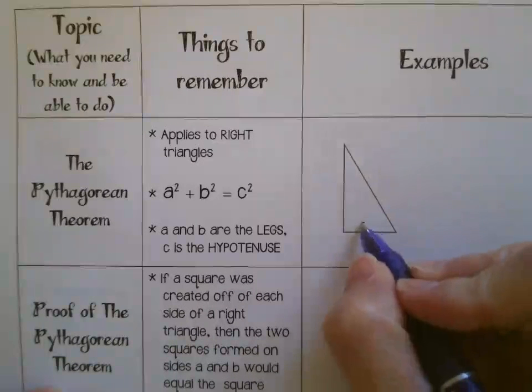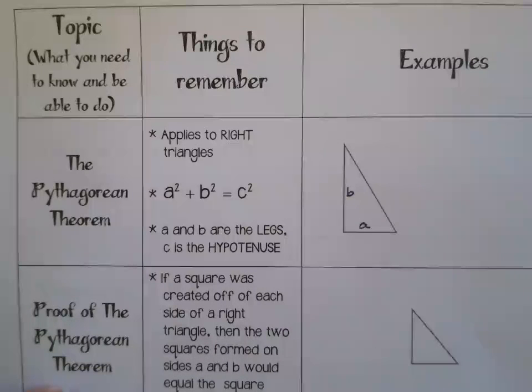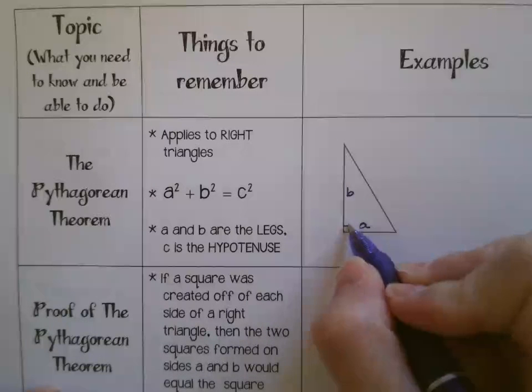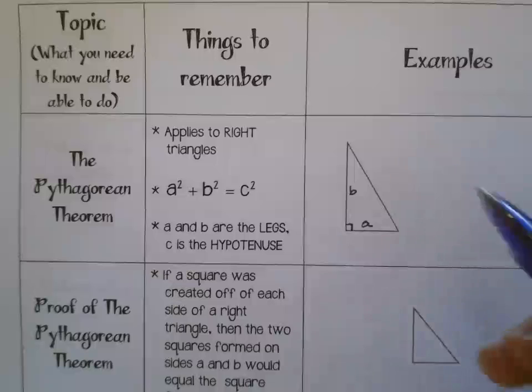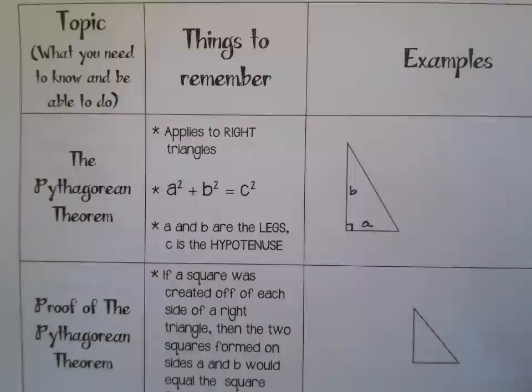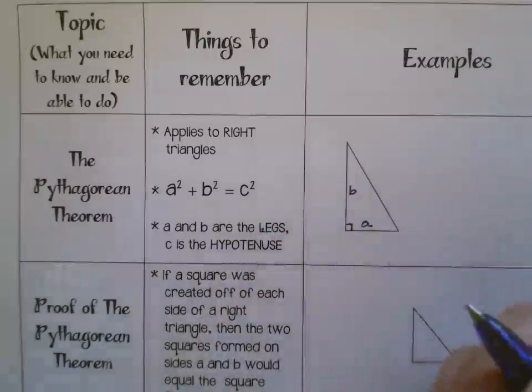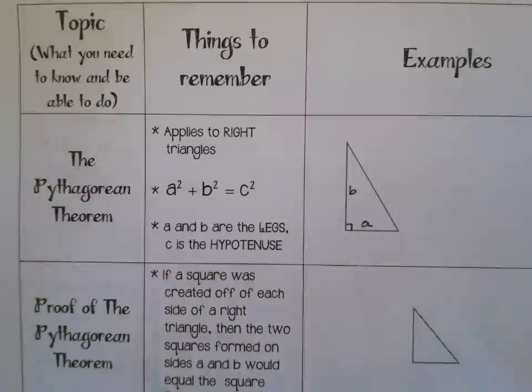So a and b are the sides of the right triangle that make up the legs. If you think about the L in legs, that's where the right angle is, and that's where the a and the b are.